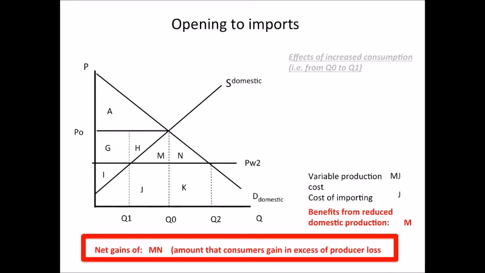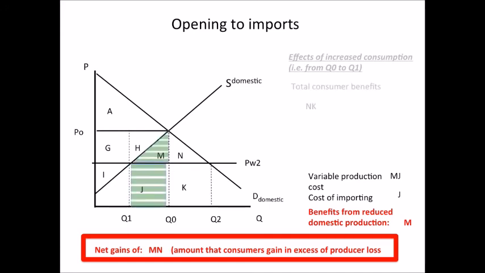So the benefits from reducing costly domestic production is area M. So we have these two effects. N, as in Nancy, is the benefits from new consumers that are now able to buy the product. M is the benefits associated with getting some of this production from lower cost foreigners rather than higher cost domestic producers.